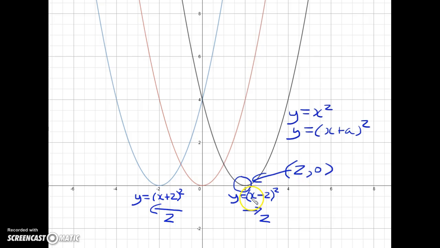So x equals 2. If we sub in x equals 2, we get 2 subtract 2, which is 0, and 0 squared gives us 0. So y equals 0. So that point lies on that graph. So you can always double check if ever you're unsure about the shifting.